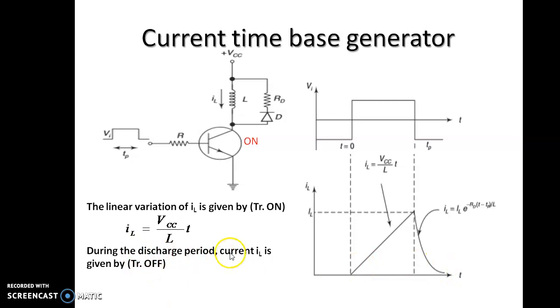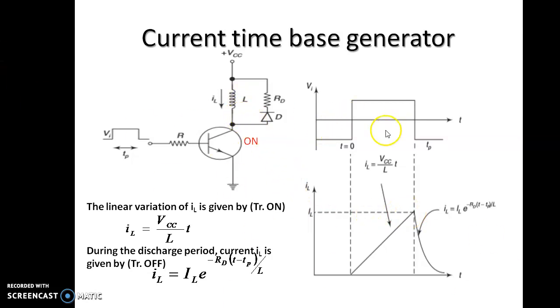During the discharge period, the current IL is given by IL equal to capital IL e power minus RD into T minus Tp by L. Here L is the value of the coil of inductance, RD is the resistance here, Tp is the width of the input pulse, and IL is the current through the coil of inductance. And what is this capital IL? This is the maximum value of the current flowing through the inductance.